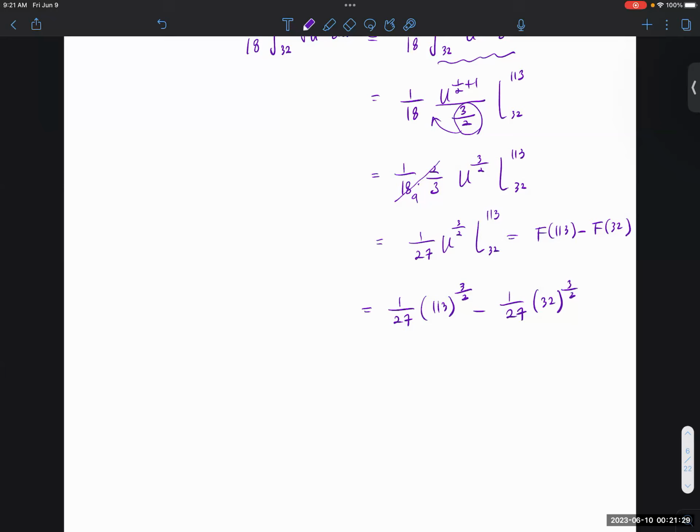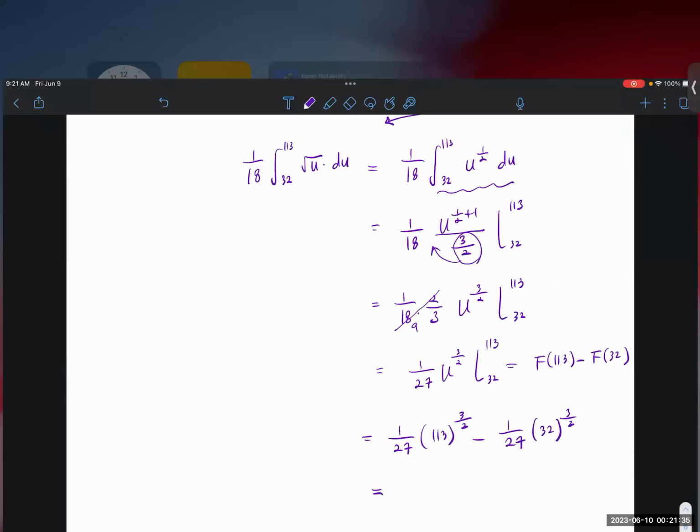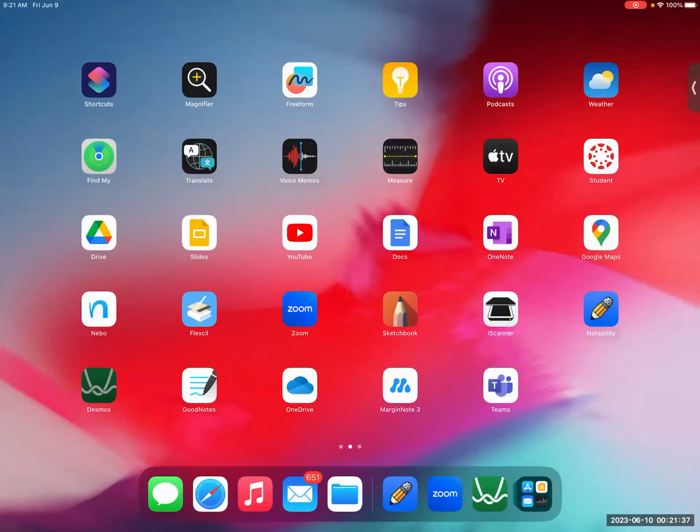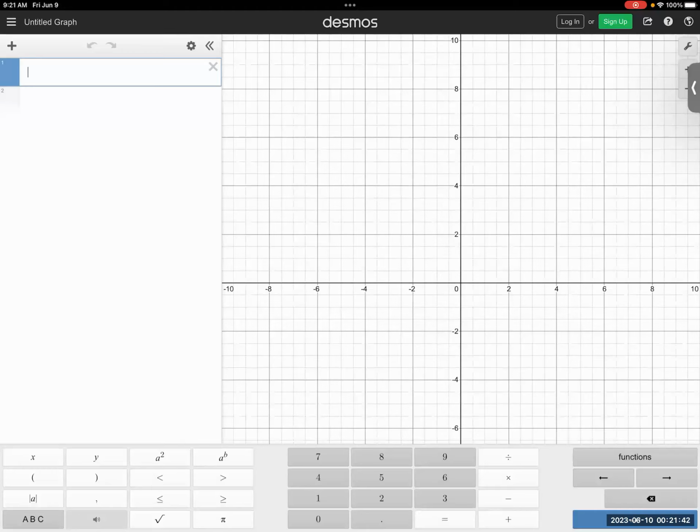So this is a complicated equation, so we're going to use a decimal approximation. I'm going to go to decimal quickly. You can calculate with me. We have 1 over 27 times 113 to the 3 over 2, and then we subtract 1 over 27 times 32 to the 3 over 2.